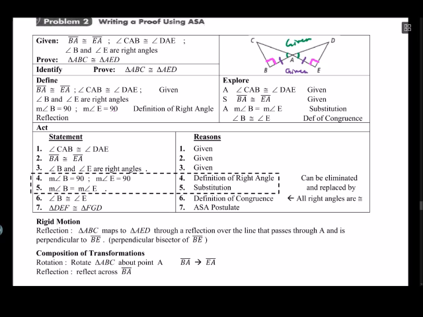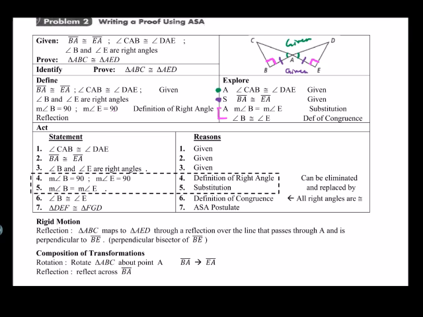So by definition of congruence, our angles are going to be congruent. And so here's our green angle. Here's our purple side. And then 2 steps to get our pink angle.